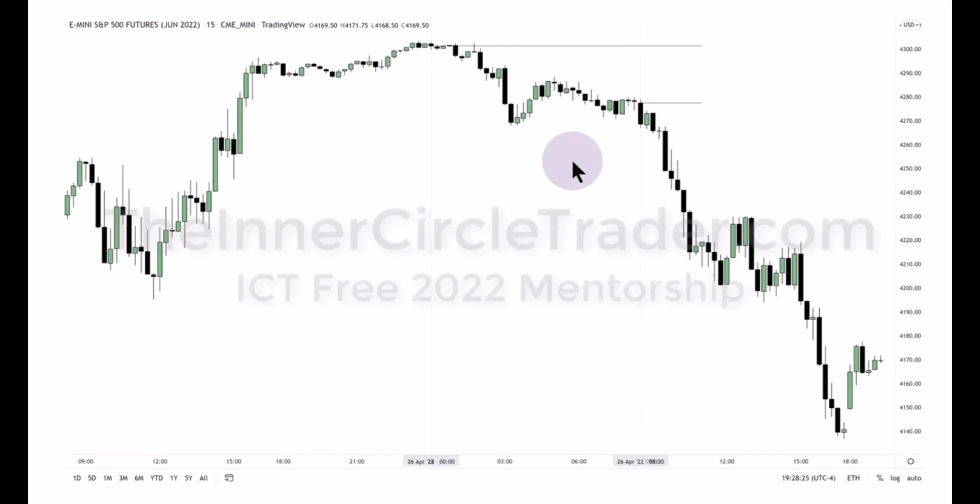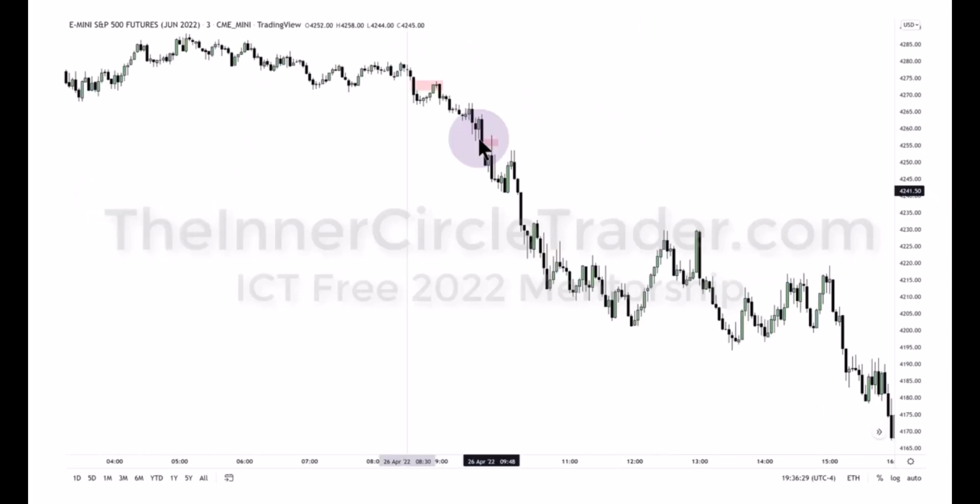Sometimes the markets are just simply too heavy and they're not going to rally for you to short into. It doesn't mean that they've changed anything. It doesn't mean that the concepts don't work. It just means that this is a market that is extremely bearish. And when it's extremely bearish, you have to trade it differently.